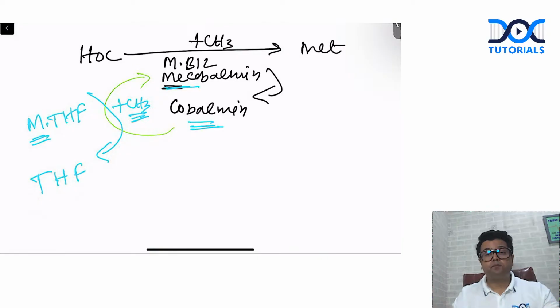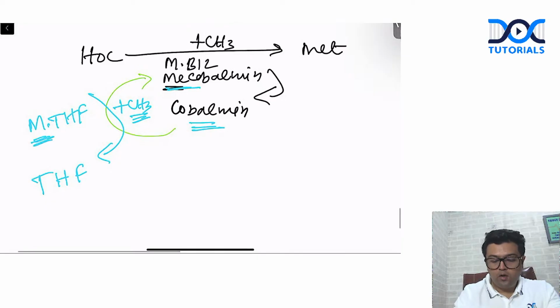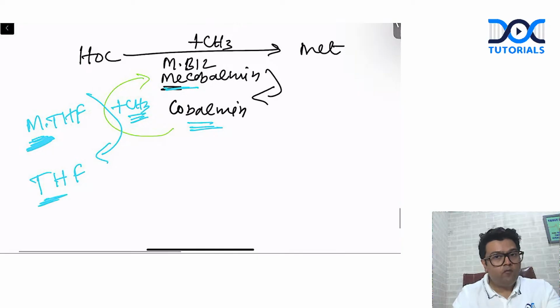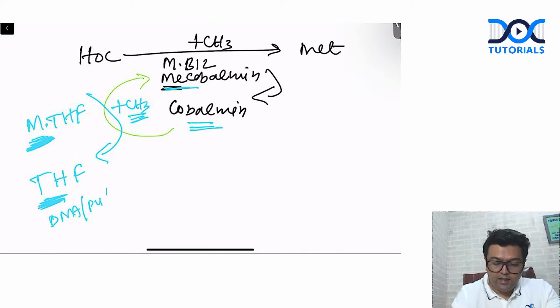So guys, which vitamin deficiency causes folate trap? Deficiency of vitamin B12. Deficiency of vitamin B12 will not allow the use of methylated folic acid, and it will never be able to convert into free folic acid, which is required for DNA, or you can say purine and pyrimidine synthesis.